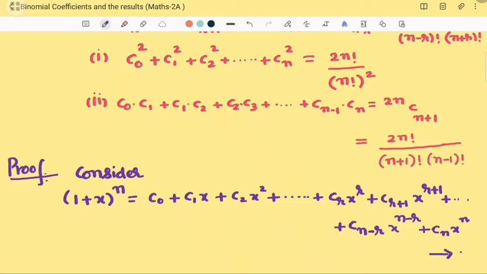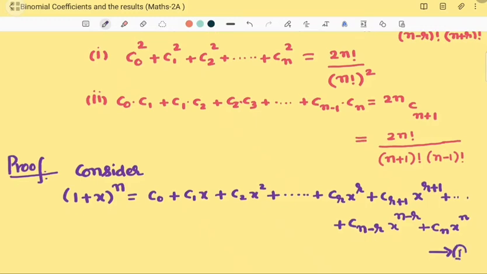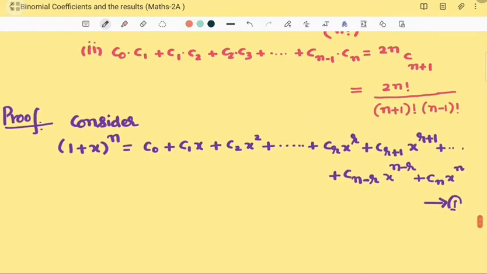Equation number 1. Dear students, you have to remember this equation. So (1 plus x) whole power n expansion is this one.